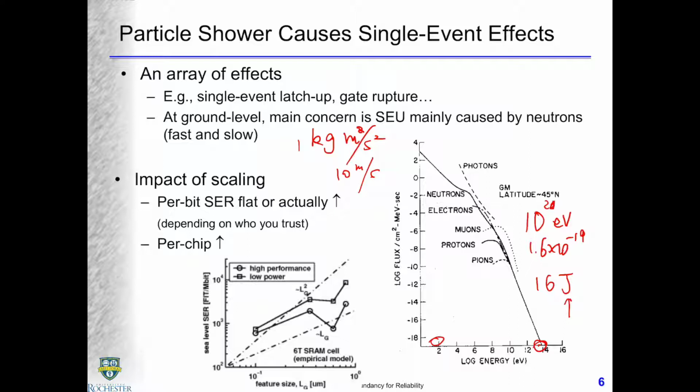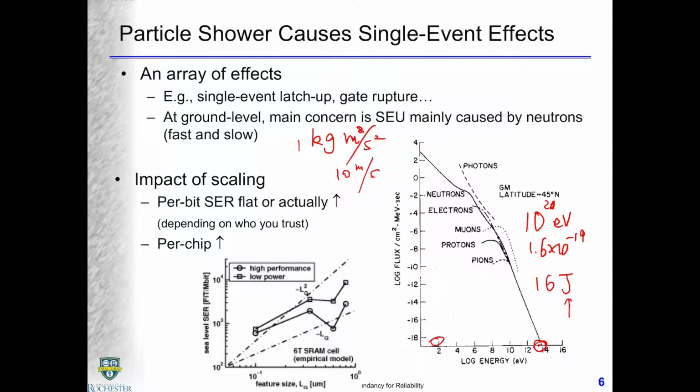As we get smaller and smaller, the area of a device gets smaller, so you're less likely to be hit. But we put more devices into it. So for the same chip area, the amount of particles coming in is going to be increasing.